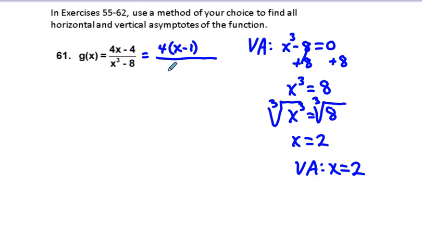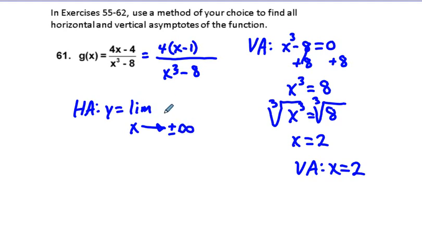Next, for horizontal asymptotes, y is equal to the limit as x approaches plus or minus infinity of g of x.